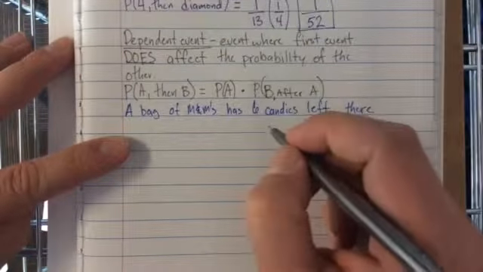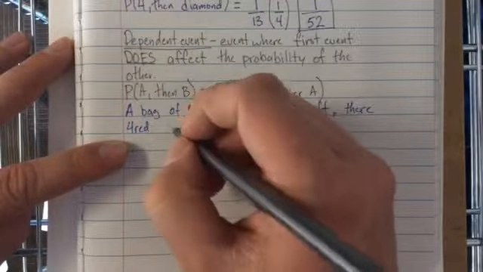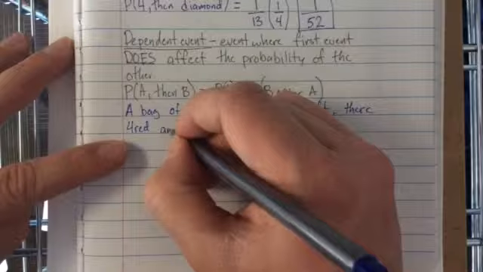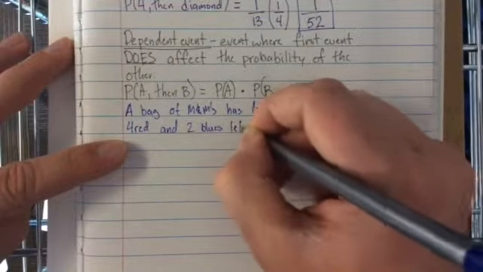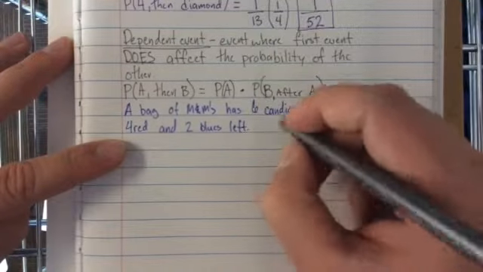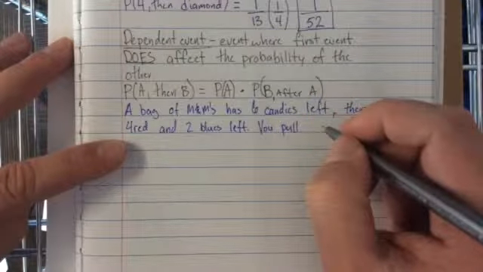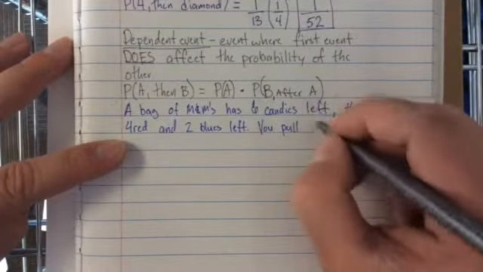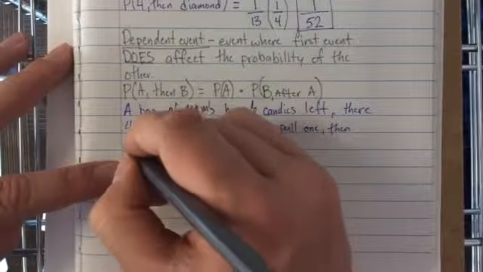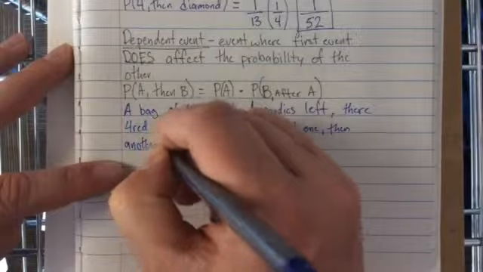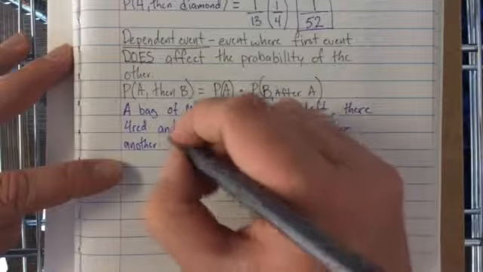There are 4 red and 2 blues left. You pull out one and then another. What is the probability that both are blue?